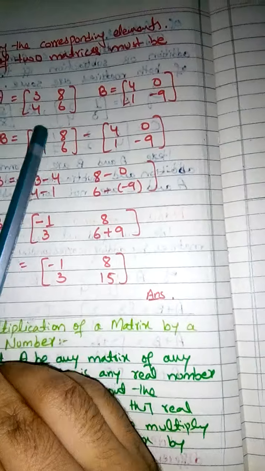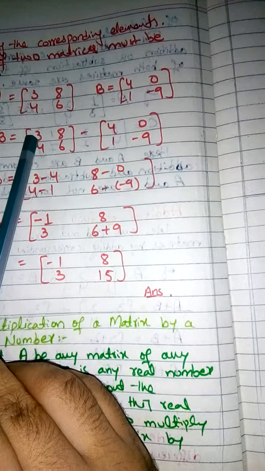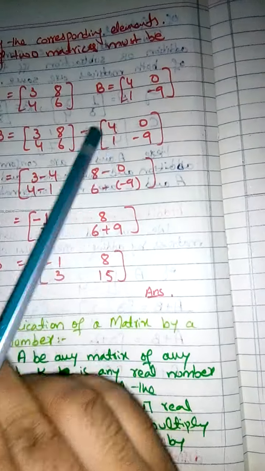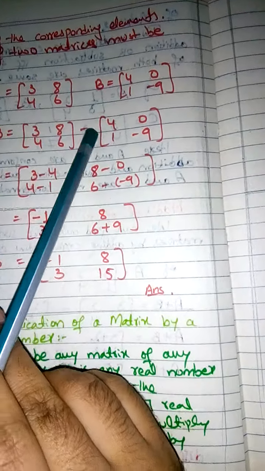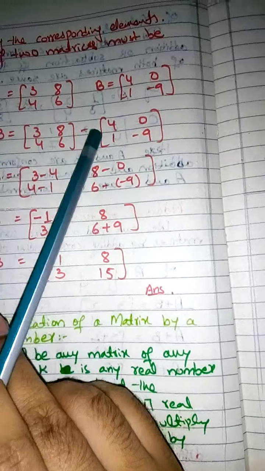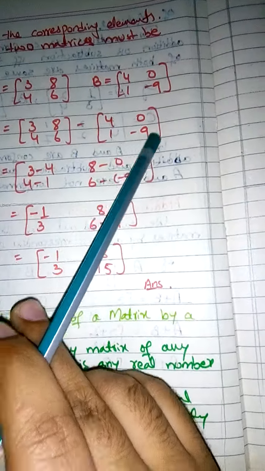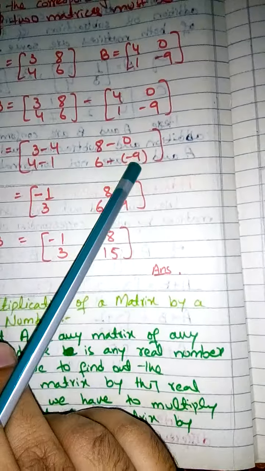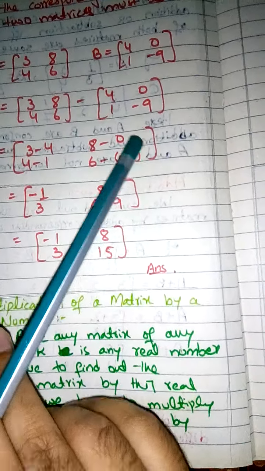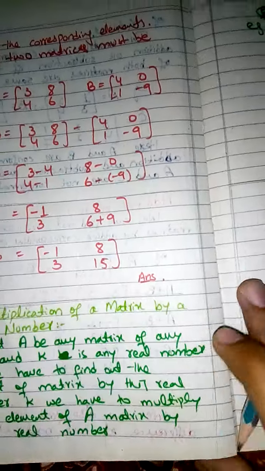For example, first element 3 minus 4, 8 minus 0, 4 minus 1, 6 minus, and the fourth or last element is minus 9. So we have to write it in parentheses. Why?